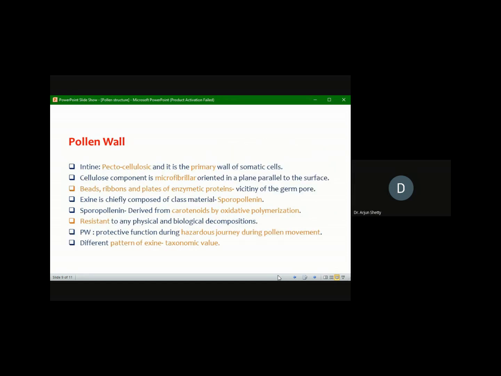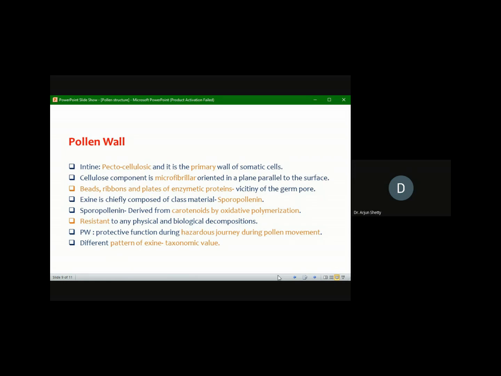Now in this pollen wall, we'll talk about some of the intra aspects: the chemicals, pattern, and structure. As I already told you, the intine contains pectic as well as cellulosic components. Those pectic and cellulosic components may be individually distributed or they may form a complex structure available in the intine.